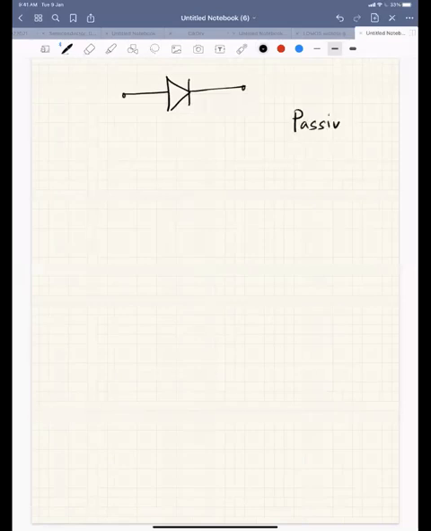Basically, we talked about the normal PN junction, right? The normal PN junction is a passive device. You know what a passive device is.